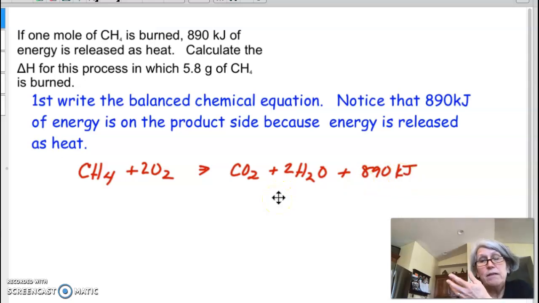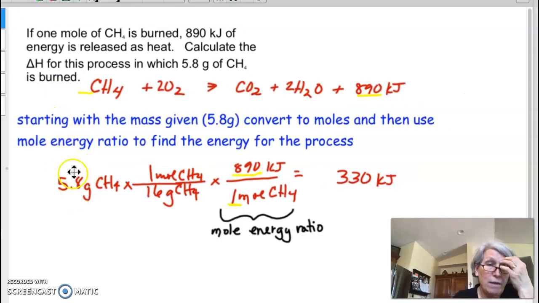So now it's just a simple stoichiometry problem. You're going to start with your grams of CH4, and you have to figure out how much energy, because they want a delta H. And remember, delta H is energy. I start out with my 5.8 grams of methane, and I converted it into moles. I used the molar mass to do that.